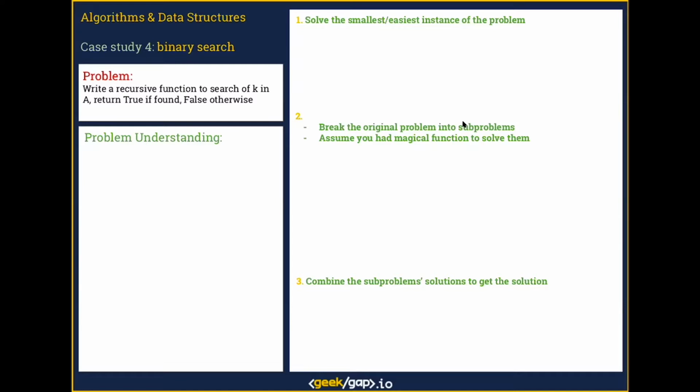But now, binary search. Actually, we had binary search in the previous webinar, but we implemented it in an iterative way. And as a teaser, this also is a tail recursion algorithm, and we're going to see how. So, problem understanding first. Write a recursive function to search k in A and return true if found, false otherwise.